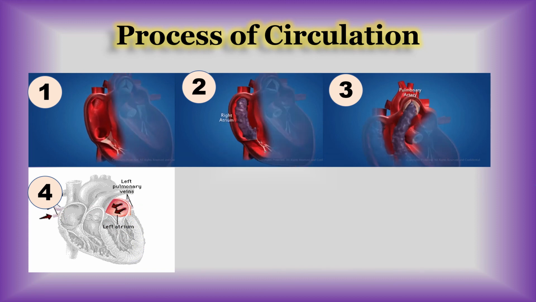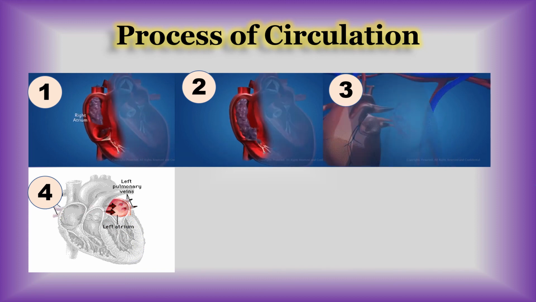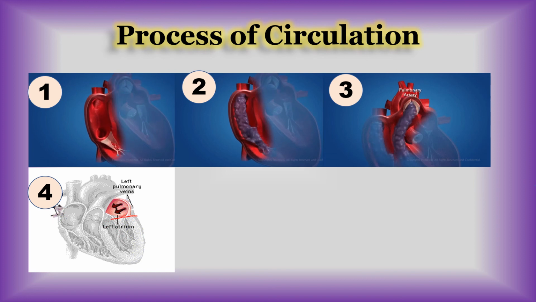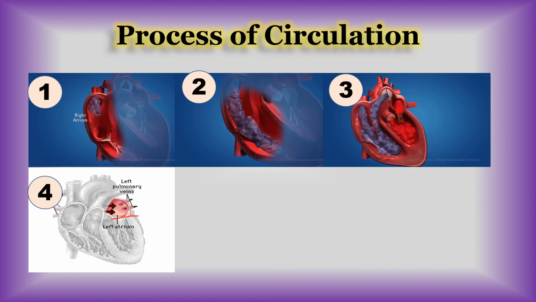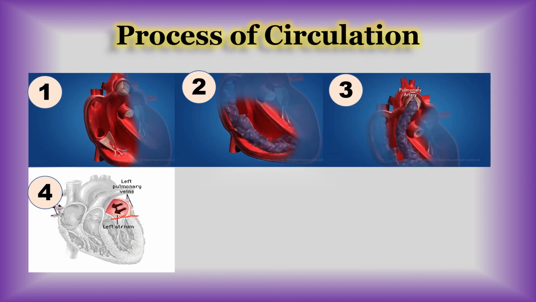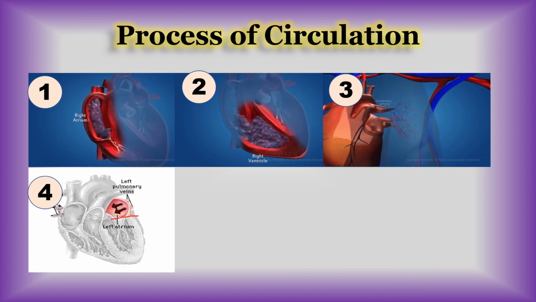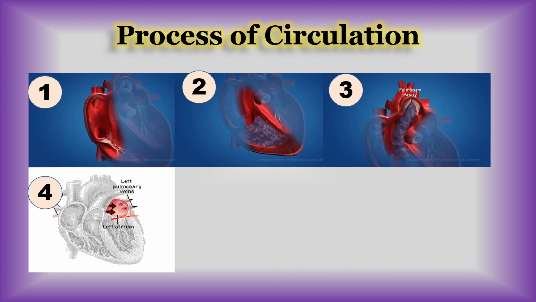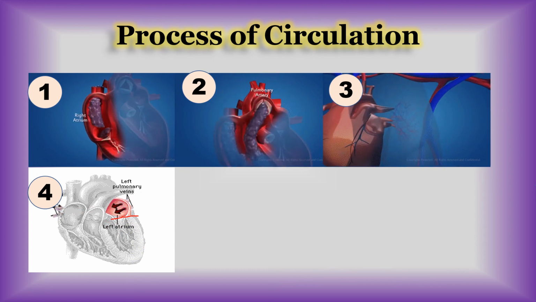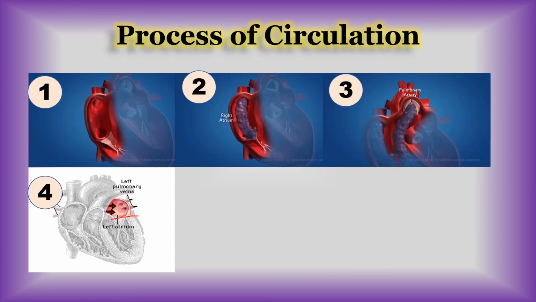the left atrium. The left atrium is the upper left chamber of the heart. The lungs pass oxygenated blood to the heart. Which part of the heart? The left upper chamber.